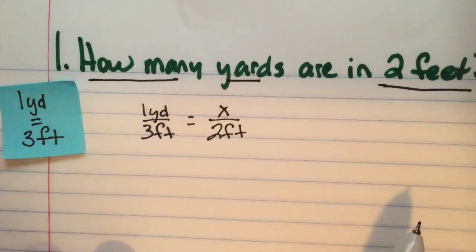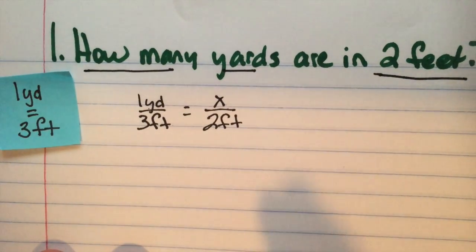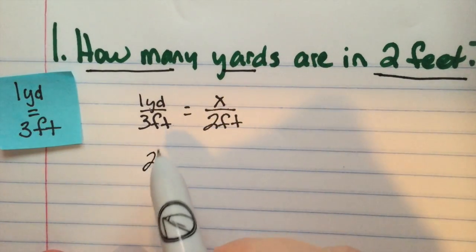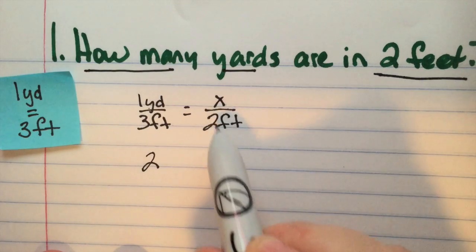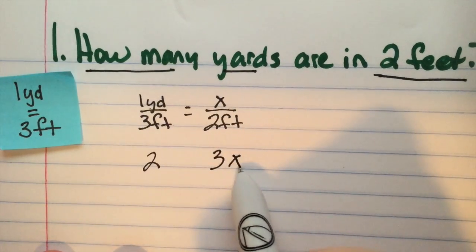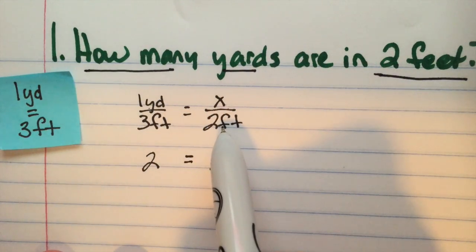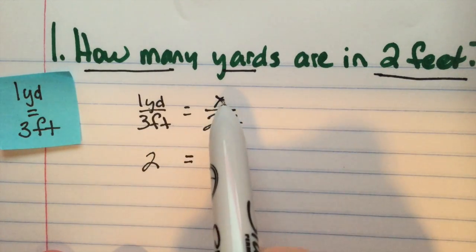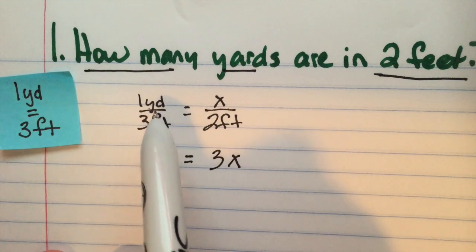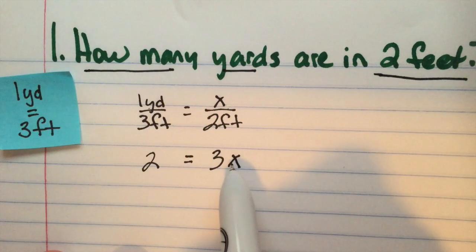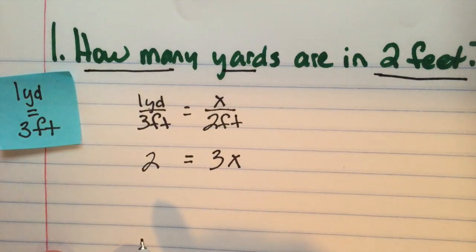How do we do that? We cross multiply. 1 times 2 is 2. 3 times X is 3X. When you have 2 fractions that are equal to each other, their cross products are equal. So we can say that 1 times 2 and 3 times X are equal to each other.